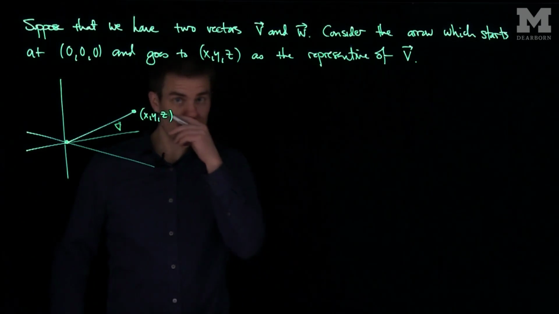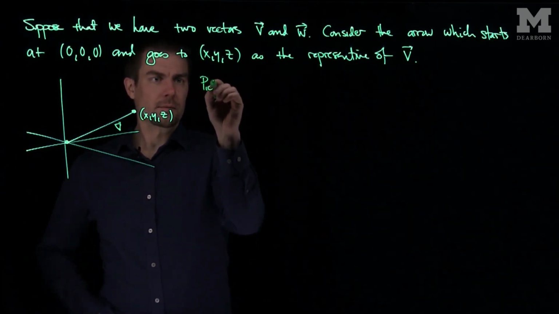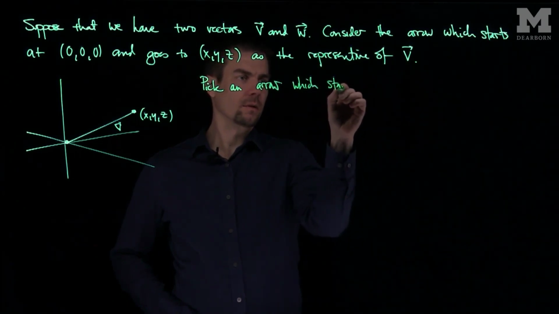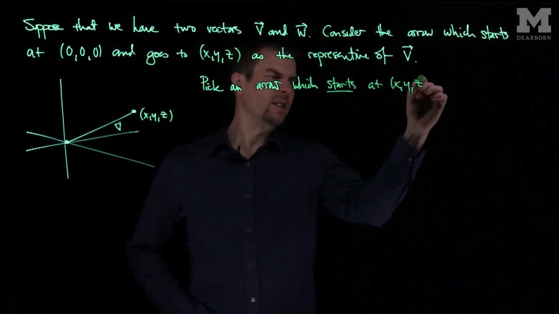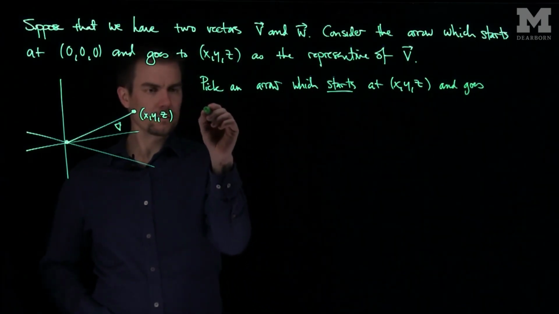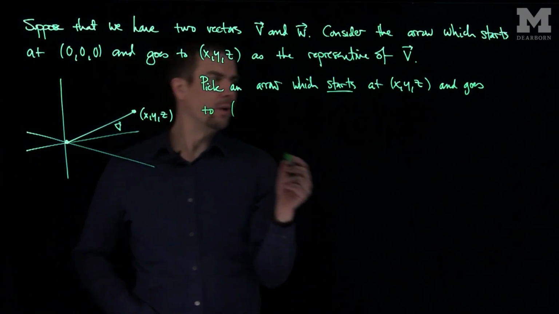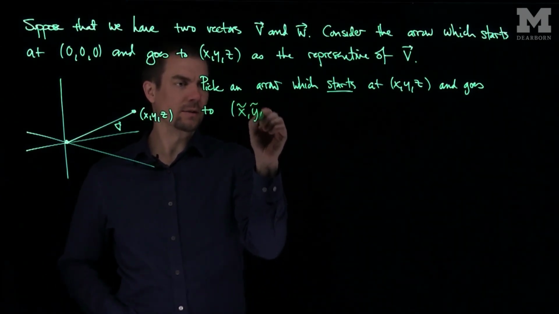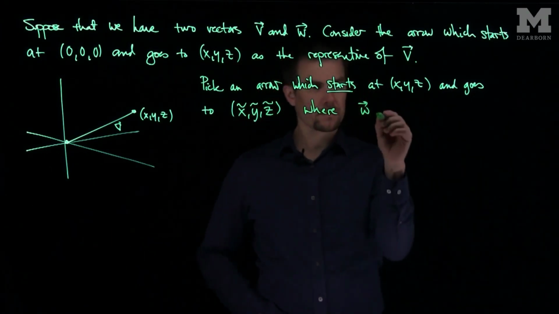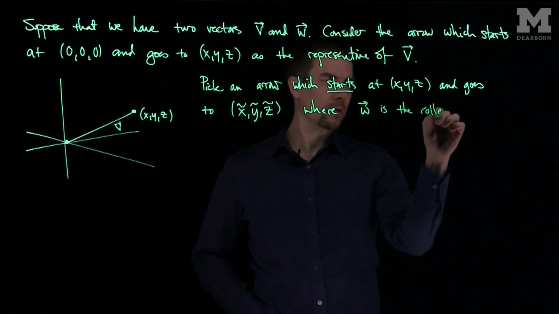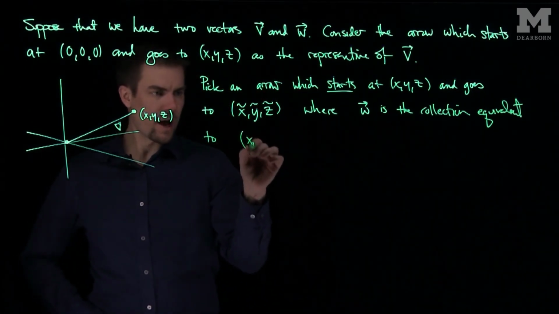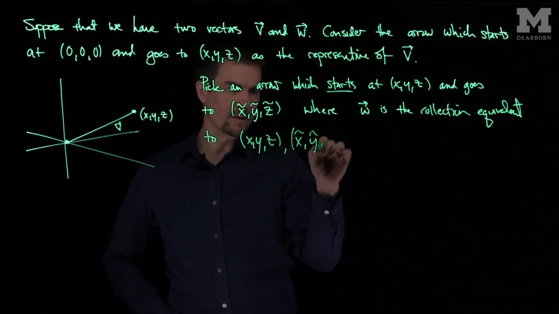And then for w, pick an arrow which starts at x, y, z and goes to another point, we'll call this point x tilde, y tilde, z tilde, where w has this representation, is the collection equivalent to the arrow x, y, z to x tilde, y tilde, z tilde.